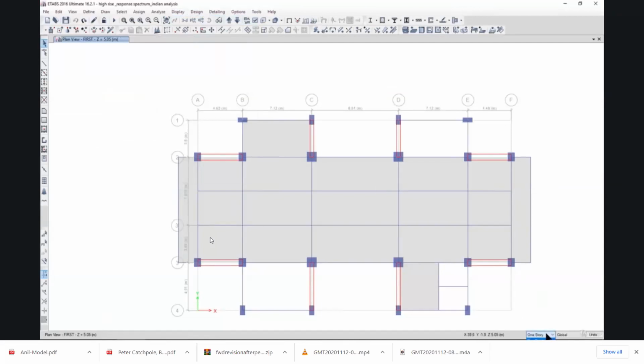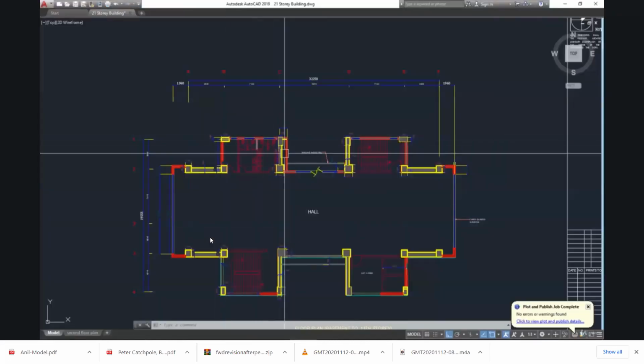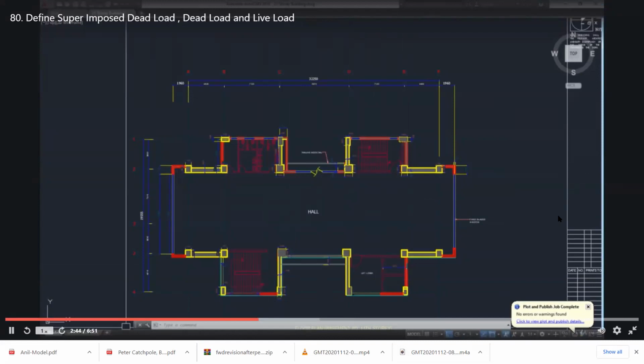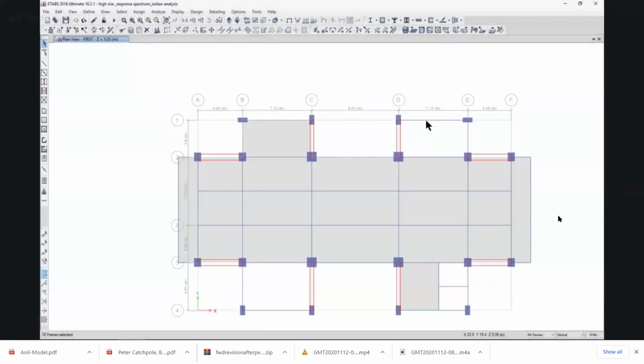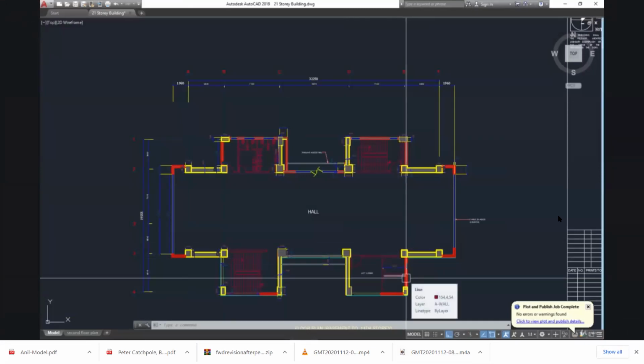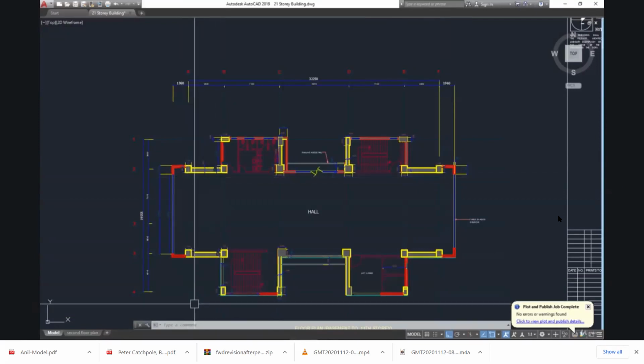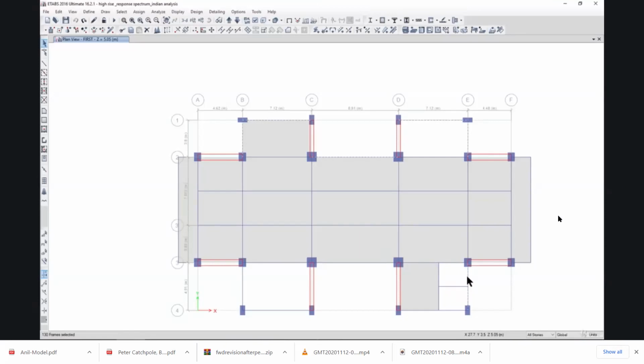We can go for the all story option and we can apply brickwork load on all these beams. 1 2 3 4 and 5, 6 7 8 9 and 10.